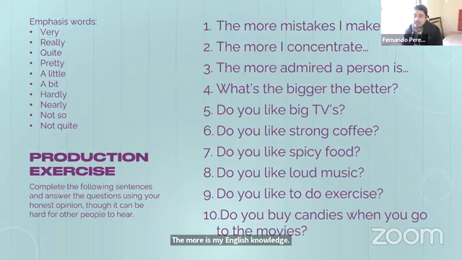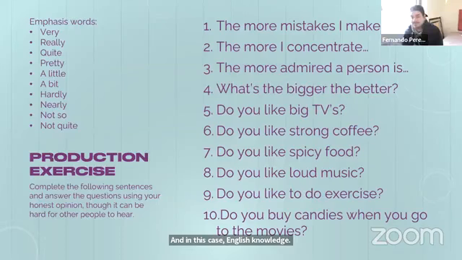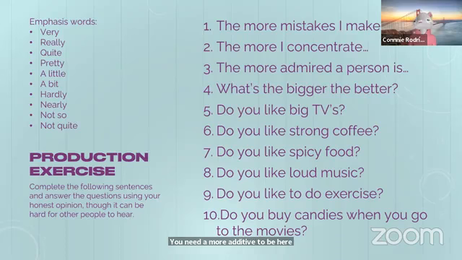Because "more" is used to describe another adjective or a verb. In this case, English knowledge is a noun. You need another adjective. The bigger. The better. The bigger is my English knowledge.